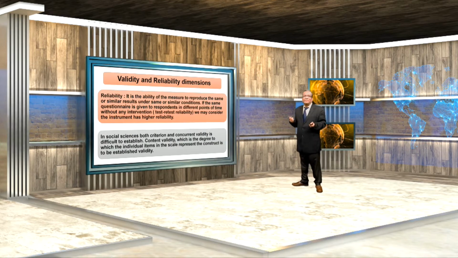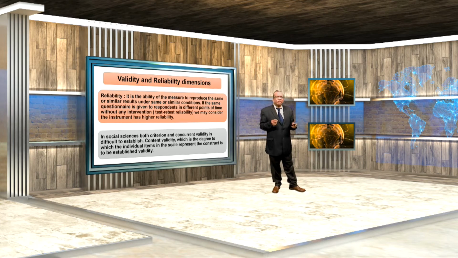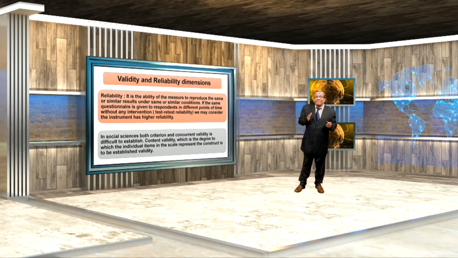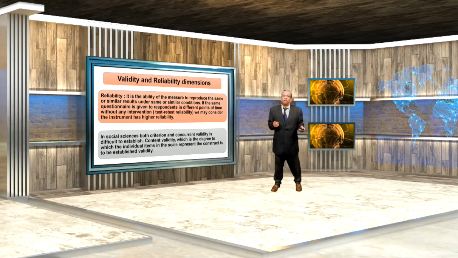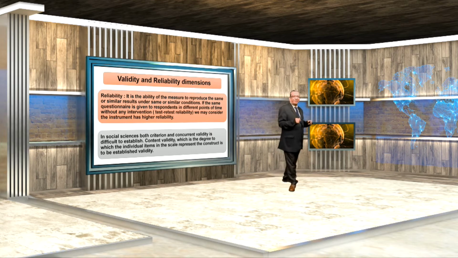And next one is reliability. It is the ability of the measure to reproduce the same or similar results under same or similar conditions. If the same questionnaire is given to respondents at different points of time without any intervention, that is test-retest reliability, you may consider the instrument has high reliability.